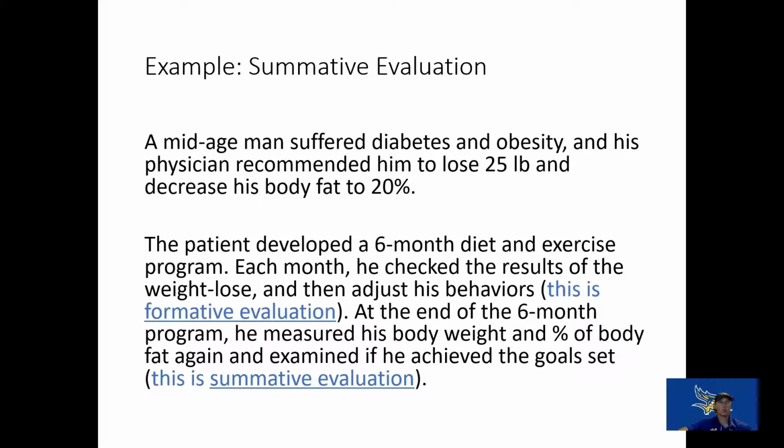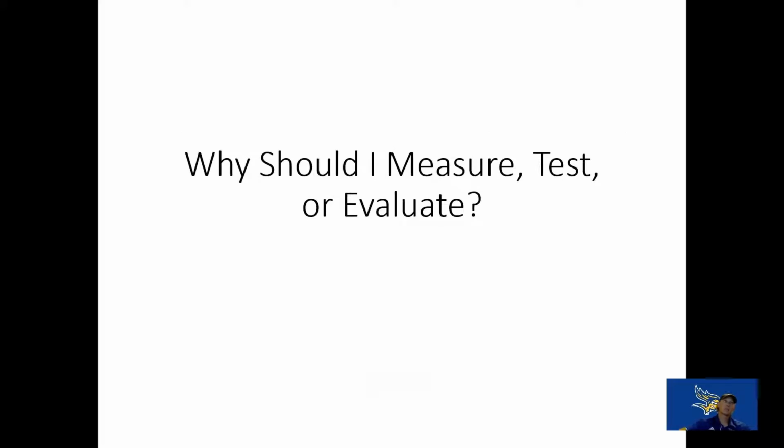This is your formative evaluation. Then at the end of that 6 months, we perform the same tests, so body weight, percent body fat, to see if there was change, within that summative evaluation. So formative evaluation is at the start, at the front, and summative evaluation sums everything up, it's at the end.